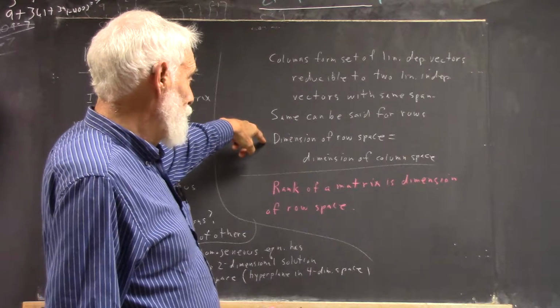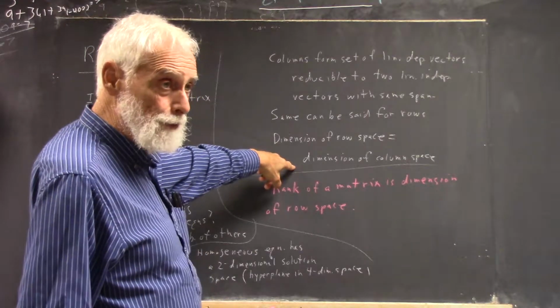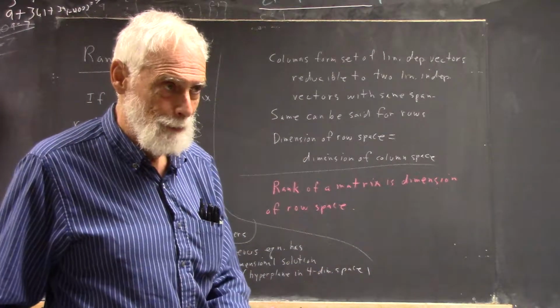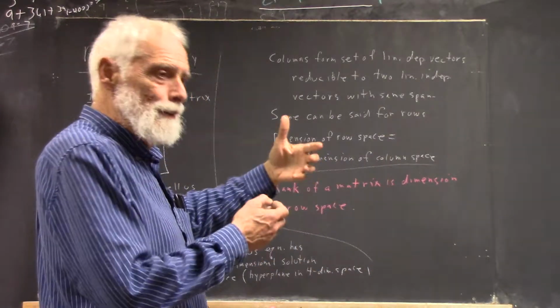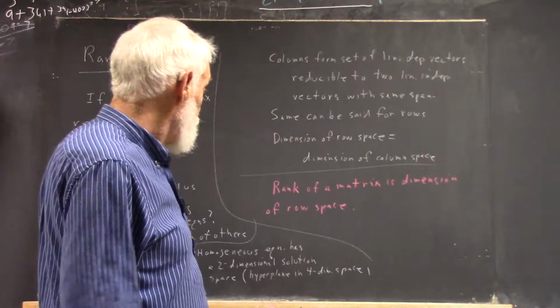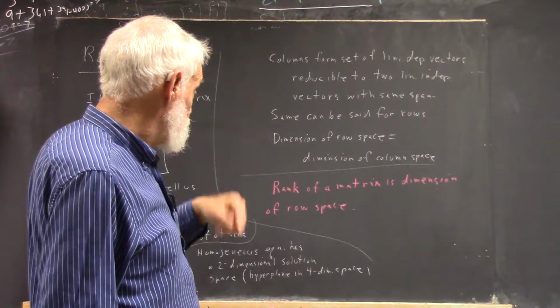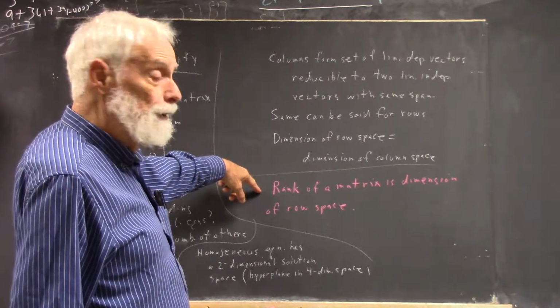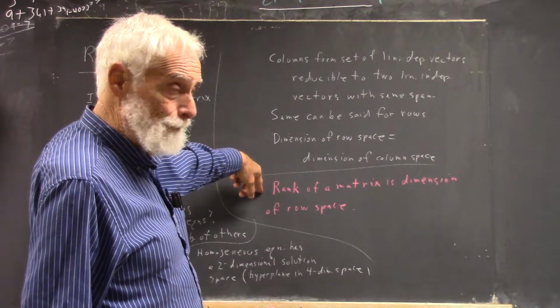And then we can say that the dimension of the row space equals the dimension of the column space, because of course the dimension is just the number of linearly independent vectors necessary to span the set. Okay? And then we make a definition that the rank of a matrix is the dimension of the row space.